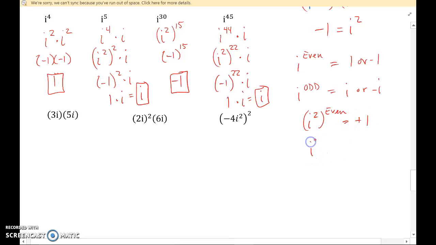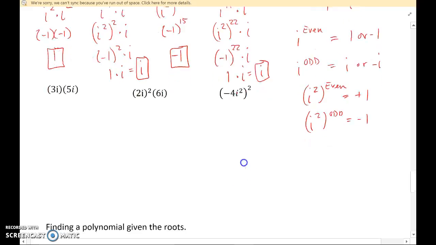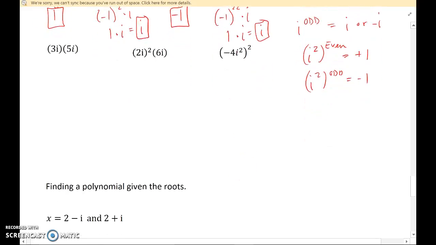And if you have i squared to an odd power, you know it's -1. And so that's another little thing. Once you break it down, you can use those notes right there to help you get your 1 or your -1.